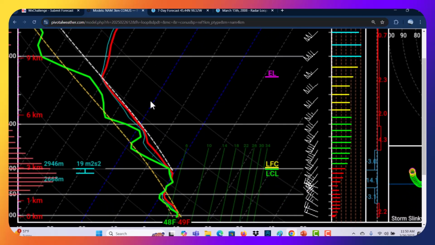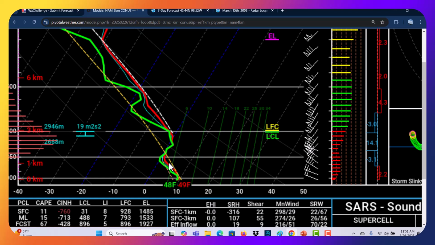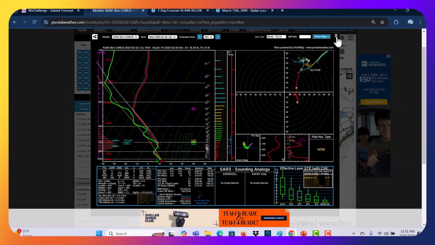It's a little hard to see, but you see this straight red line here. This red line is our environmental temperature. Essentially, that is just our temperature. Well, what is our air parcel? Our air parcel is this white dashed line.